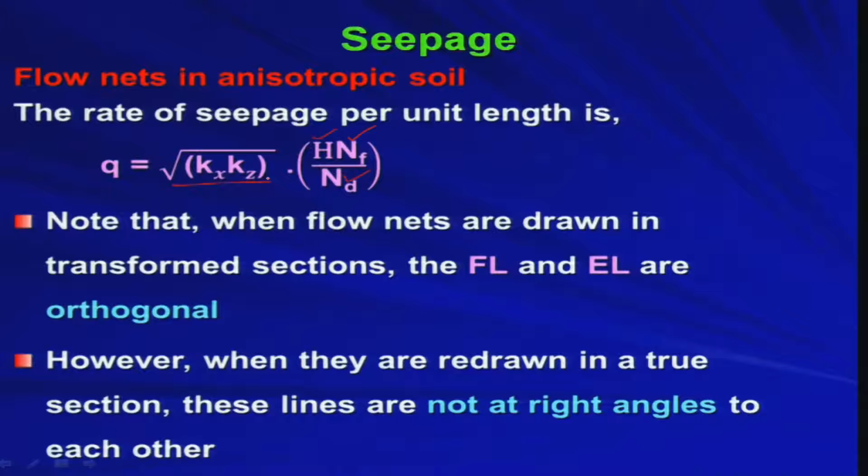In the true section, when they are redrawn, these lines are not at right angles to each other. So, please remember this. In the actual or true section, they are not really meeting at 90 degrees, whereas in the transformed section they are meeting at 90 degrees, because we have taken advantage by transforming the coordinate system.